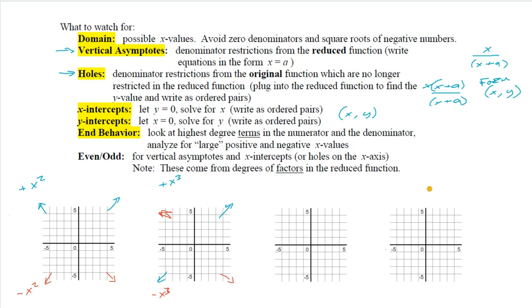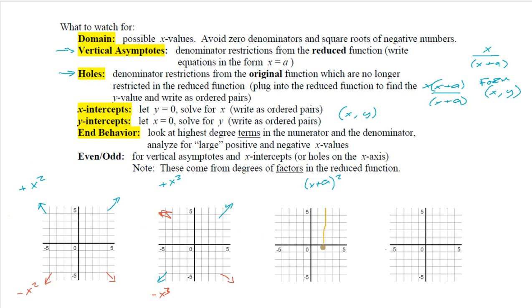Now, even and odd asymptotes: anytime we have an asymptote, as we learned in one of the previous lessons, the number of times or the redundancy of that vertical asymptote, or that point, will determine whether it's an even or an odd, and how the end behavior works there. So if we had our x plus a, and this was squared, which would be an even, wherever our a is, it's going to create the same behavior.